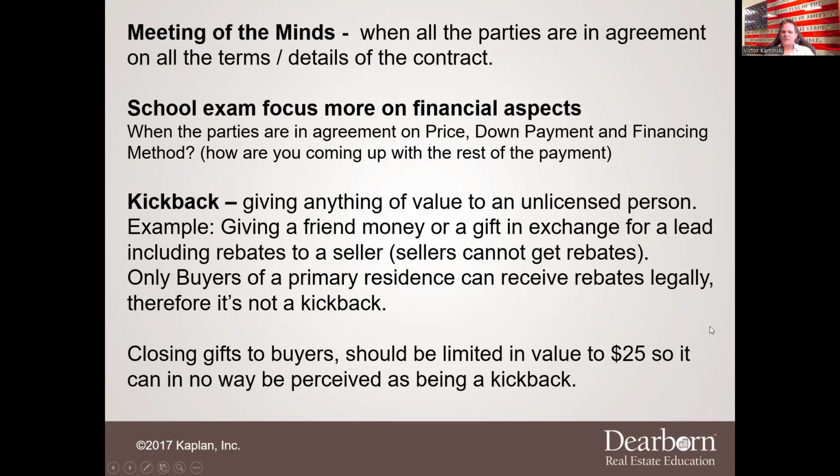And you've got to let the buyer know that they should consult with a tax professional with regards to receiving that rebate, because depending on how much it is, they may have to pay taxes on it. So closing gifts to buyers should also be limited to a smaller amount, $25 or so. If you do make it larger, just try to make it in a way that it cannot be in any way construed as a kickback, okay?